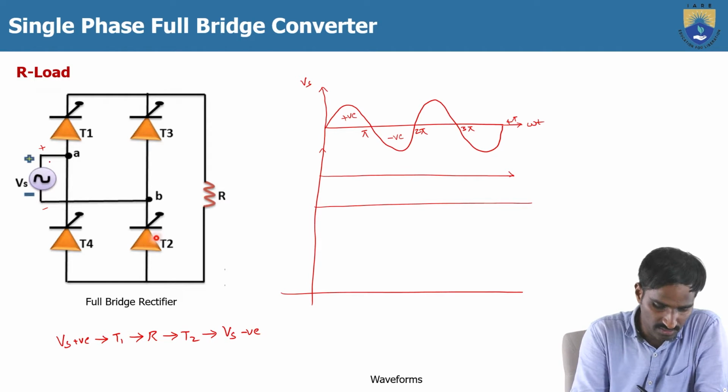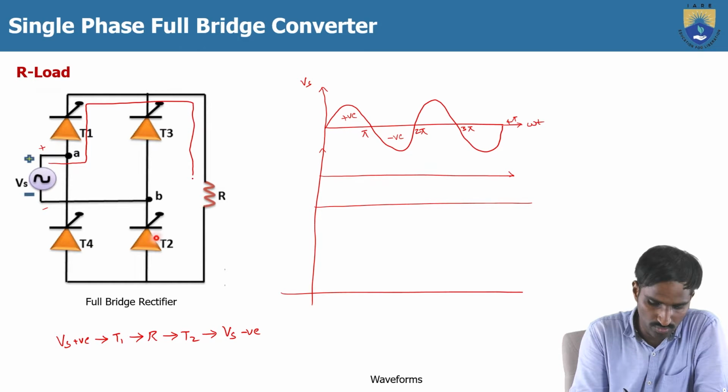Which means from here to T1, from T1 to the R load, and from the R load to T2, and T2 to the negative supply.